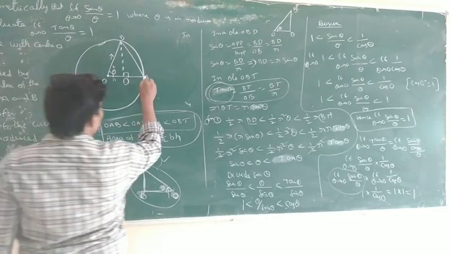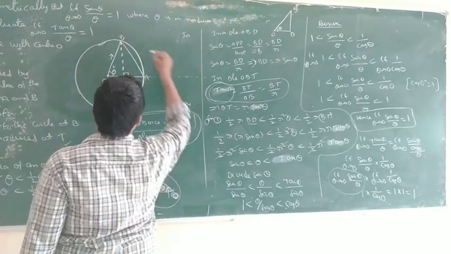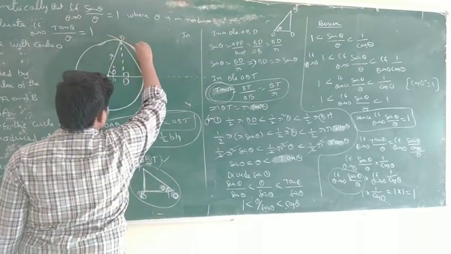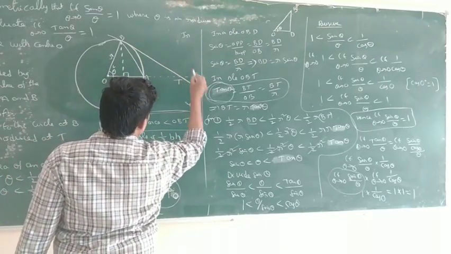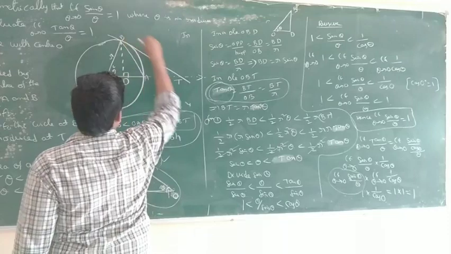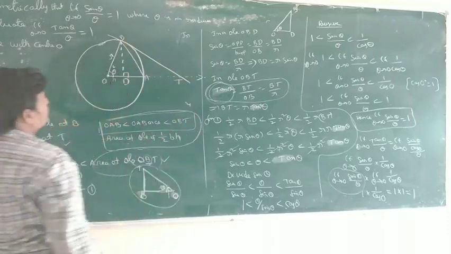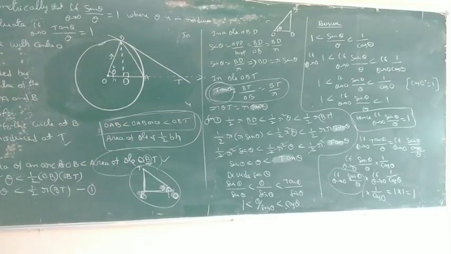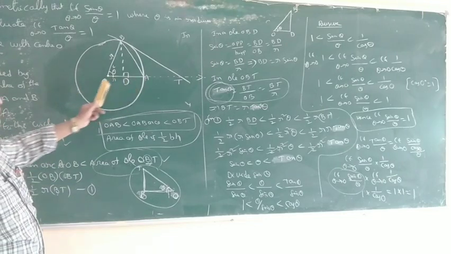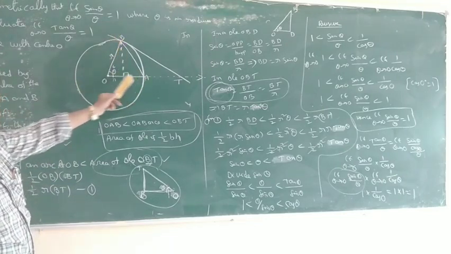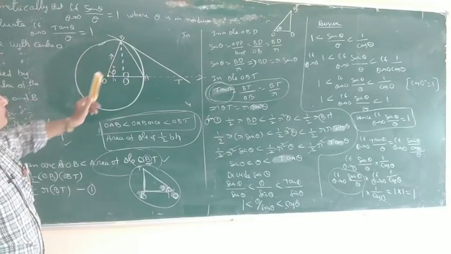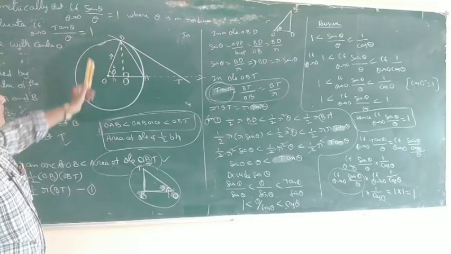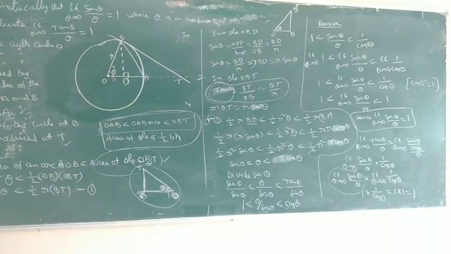Next, OA is produced up to T. Draw the tangent from B to T. This is T, and this is BT. This is simple: the triangle OAB, the arc AOB, and the triangle OBT.